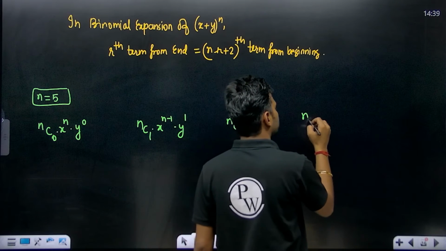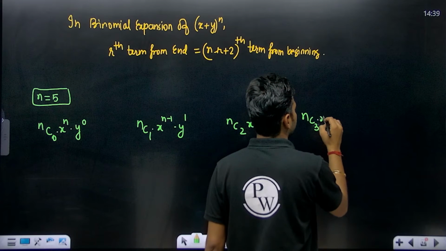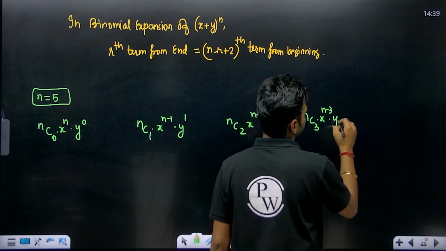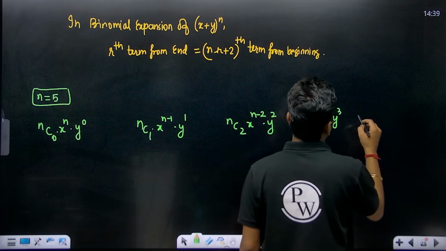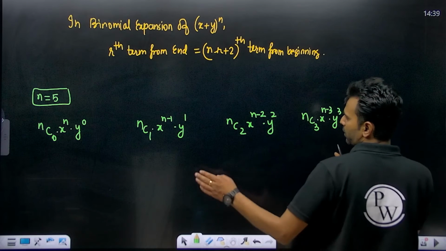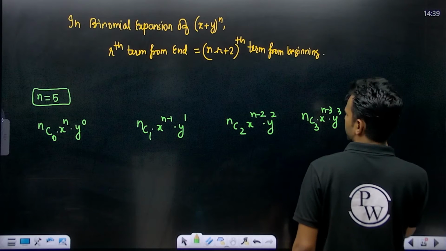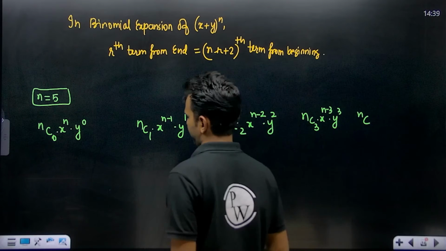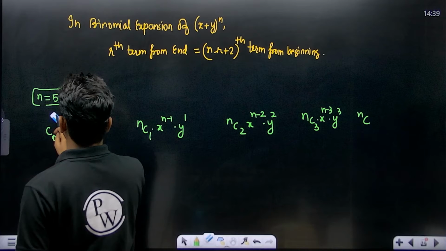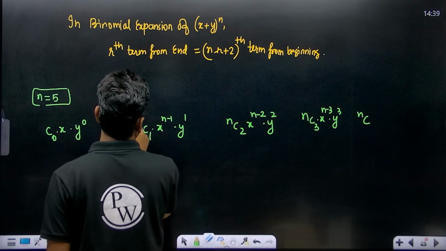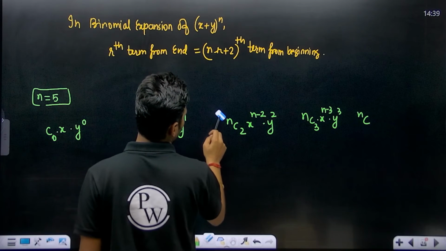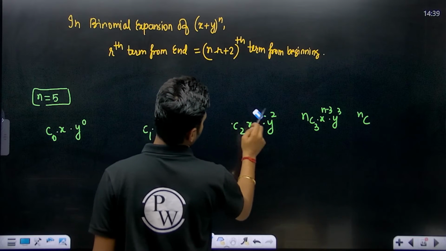This will be the fourth term. This will be the fifth term. Sorry, it was 1, 2, 3, 4, 5, fifth term. Okay, n's value is 5.